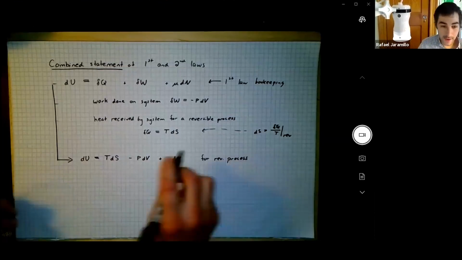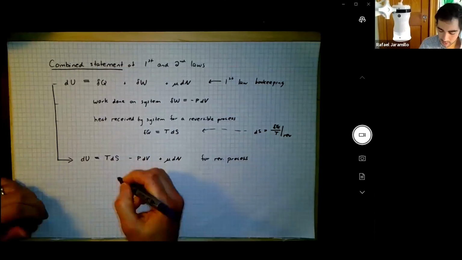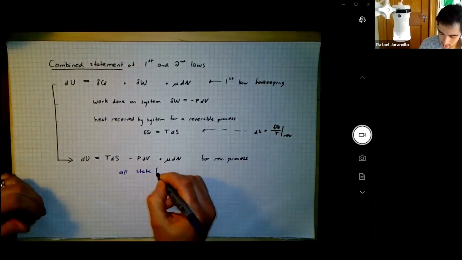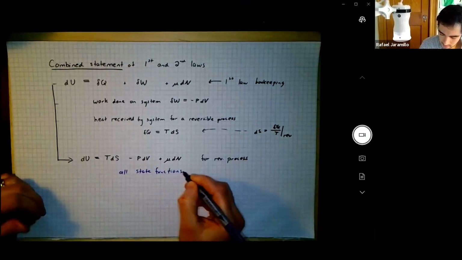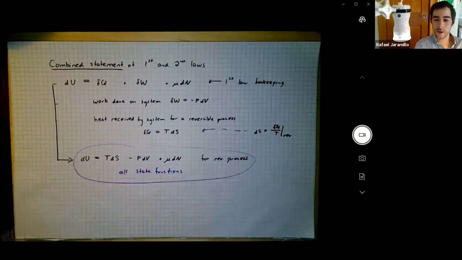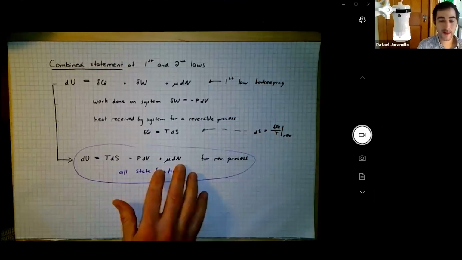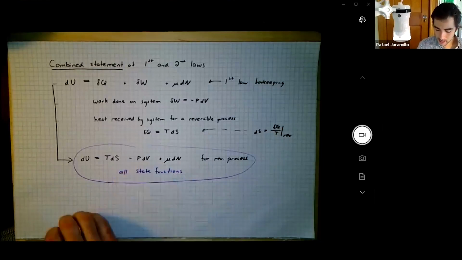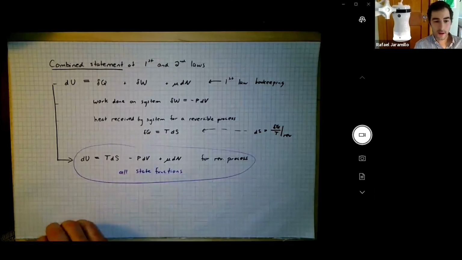Now we have this all in state functions, which sometimes is useful for calculations. So this is going to be one of the foundational, most important equations that we use in this class.